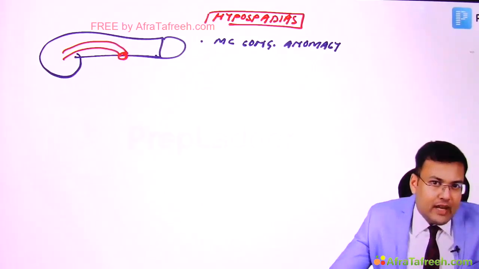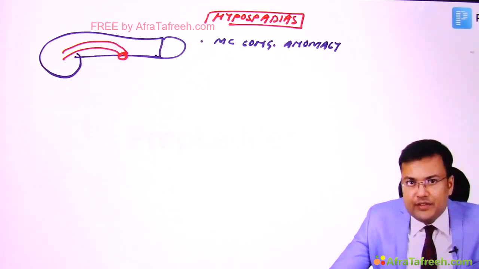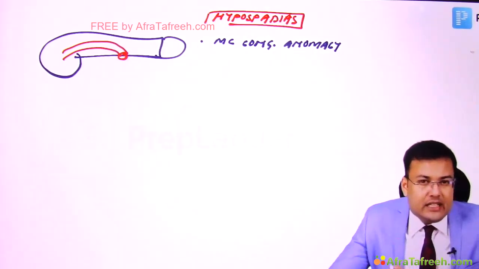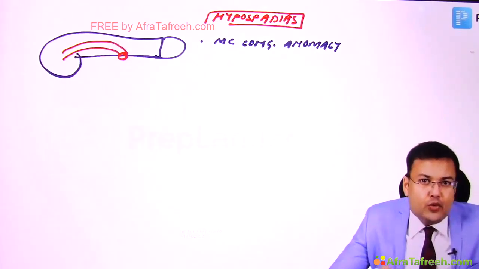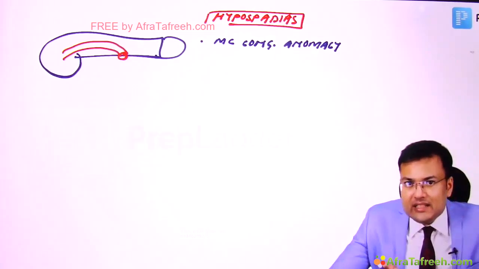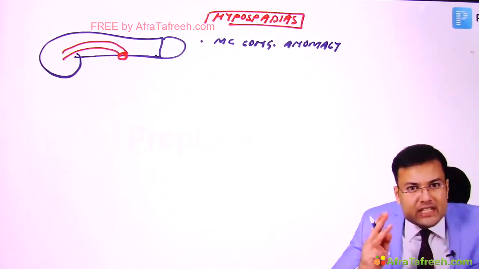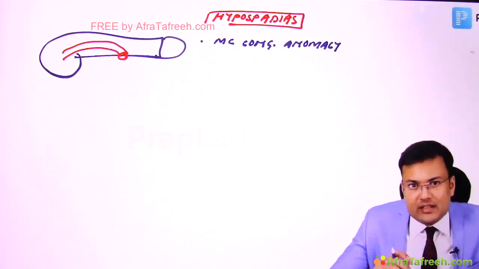What is the incidence of hypospadias? The incidence of hypospadias is 1 in 250. We discussed the incidence of horseshoe kidney, which is 1 in 400, and the incidence of unilateral renal agenesis, which is 1 in 1000. So these three incidences are frequently asked in urology.